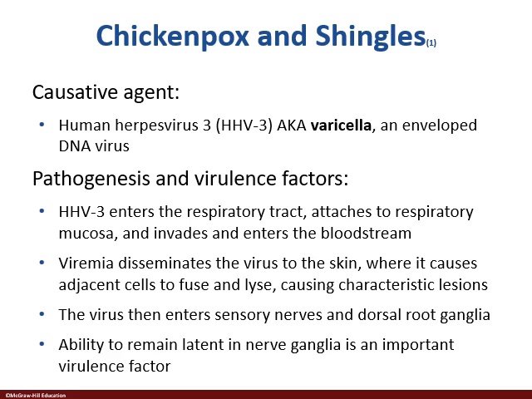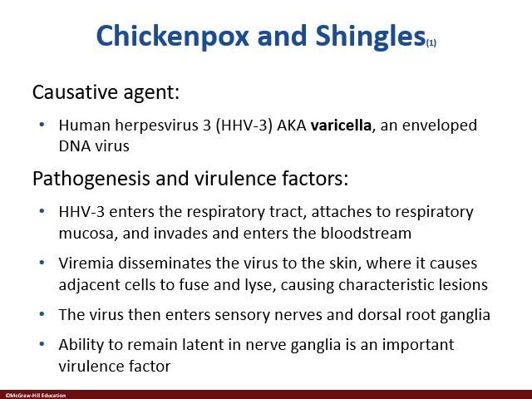So whether you're looking at chickenpox or shingles, we're talking human herpes virus 3, HHV3, also known as varicella. Can be spread by direct contact with the vesicles of the fluid or more of a respiratory route.